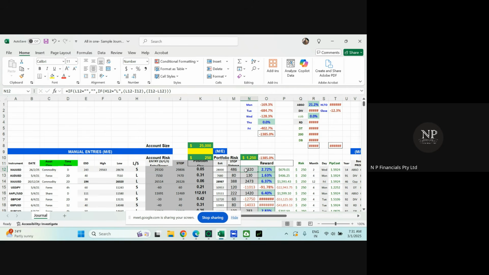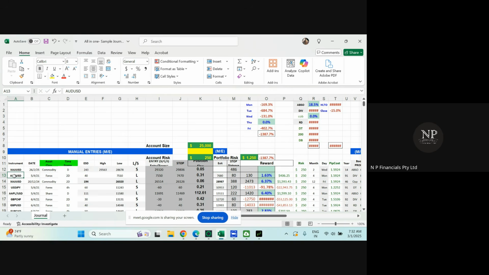Now remove that 28000 because this trade is running. Delete. And go to A13.